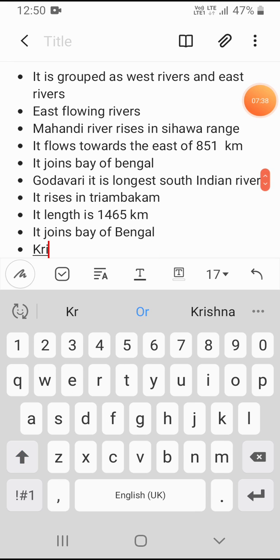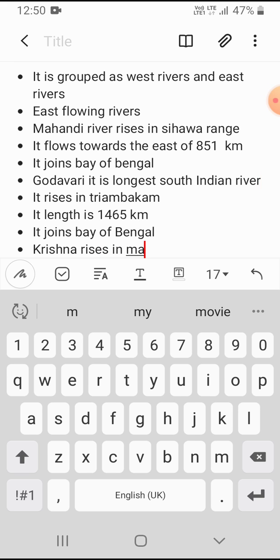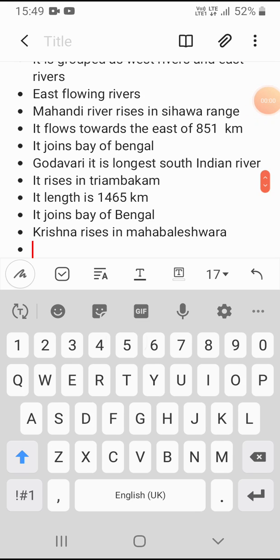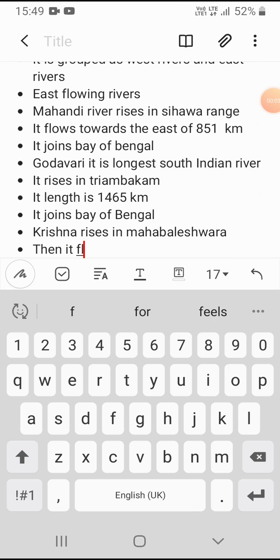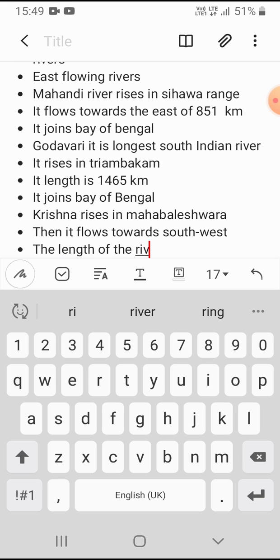Next is Krishna River. Krishna rises in Mahabaleshwara. Then it flows towards southwest, and the length of the river is 1400 kilometer.